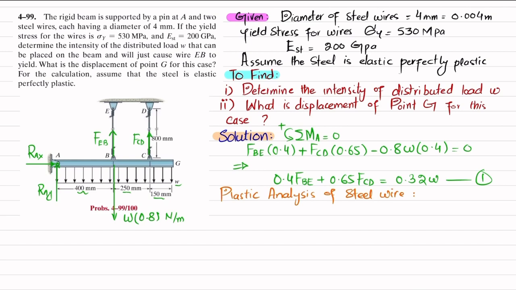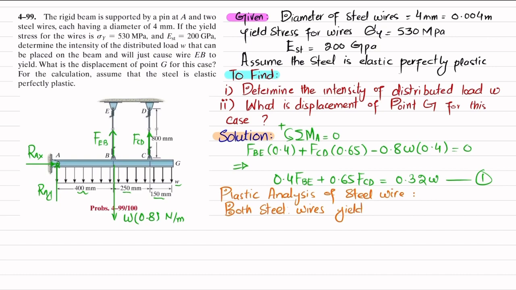So we will assume that both steel wires yield, which means they are deforming permanently.